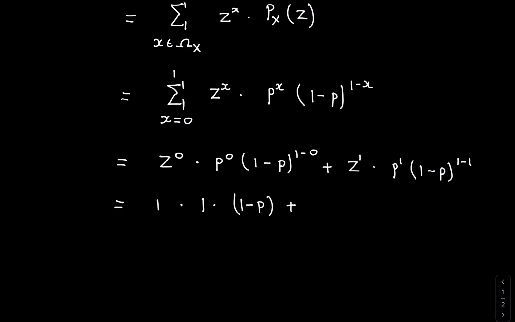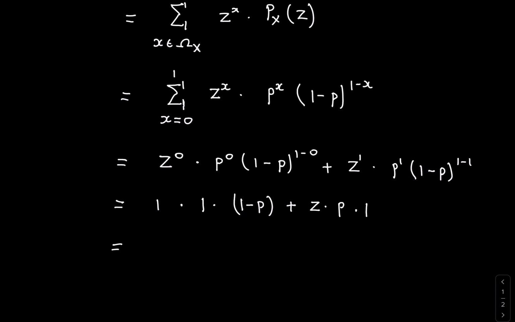Equally, on this side, anything to the power of 1 is just itself, so z to the power of 1 is z, times p to the power of 1, which is just p, and then here we have 1 minus 1, which is a power of 0, and anything to the power of 0 is 1, so this becomes times 1.